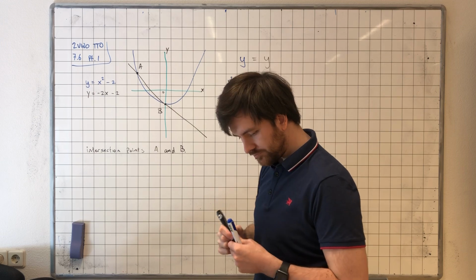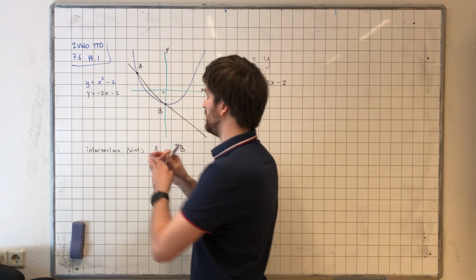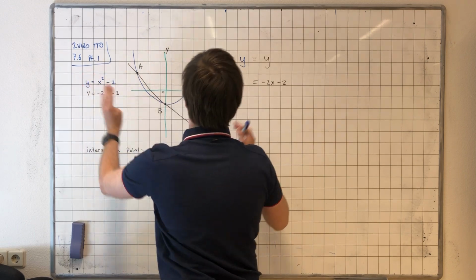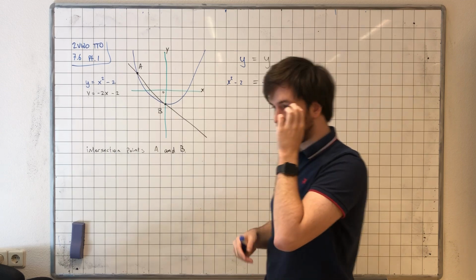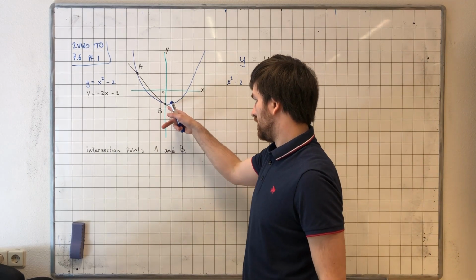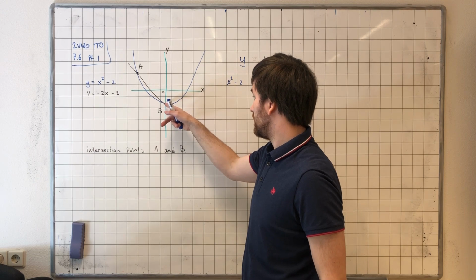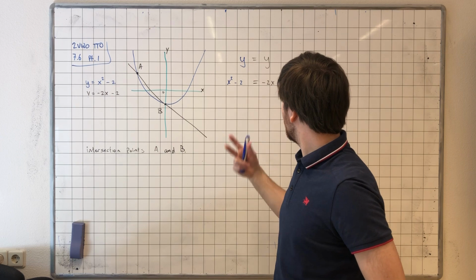What I did is I took the right side of these formulas and said they are equal at those two intersection points. That should make some sense, because if you fill in x equals 0 at this point, then both of these things will give you the same result.